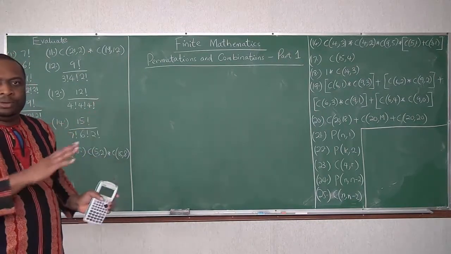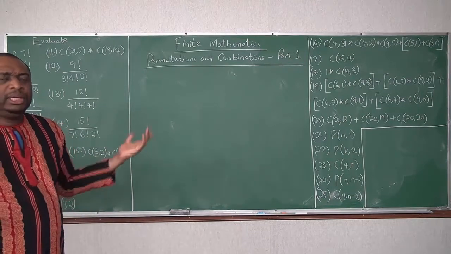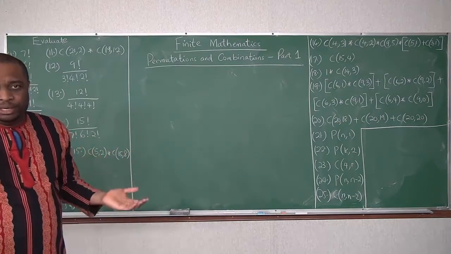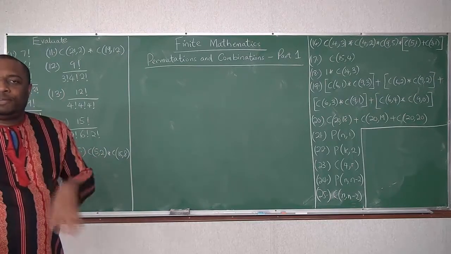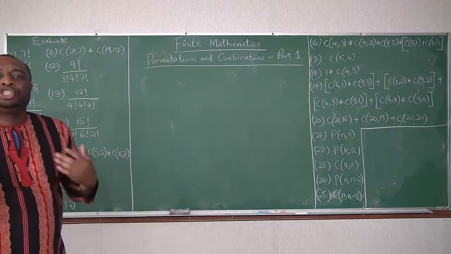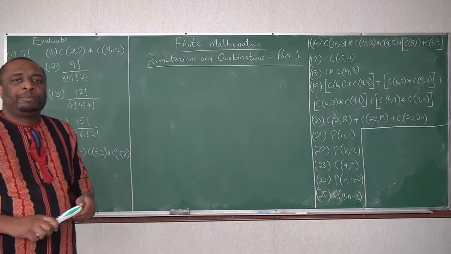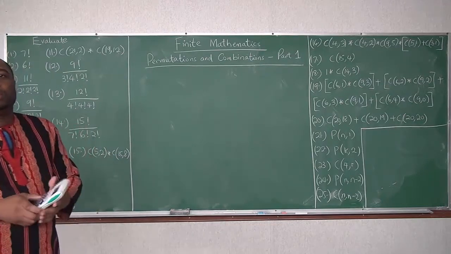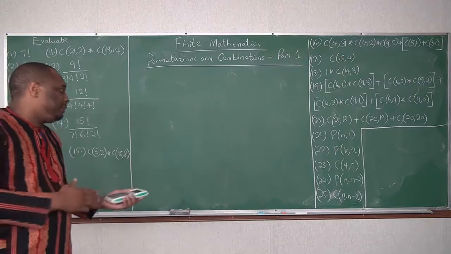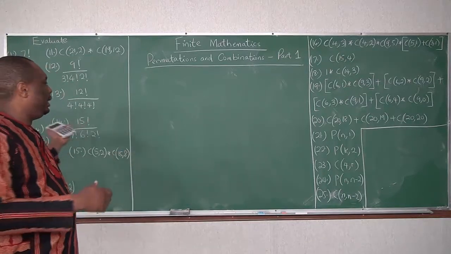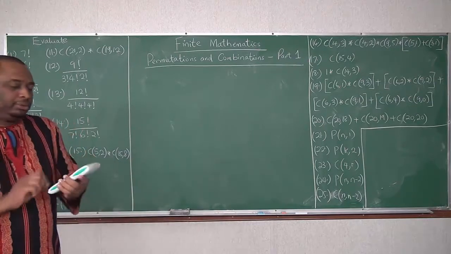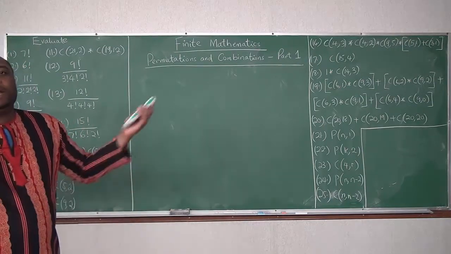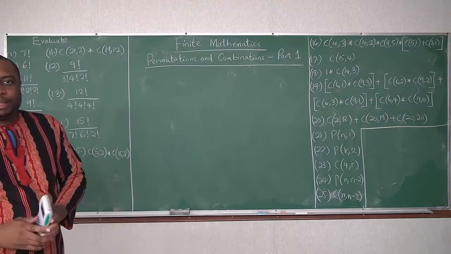I will show you how you can simplify it if you're just using an ordinary calculator to solve it, or if your professor requires that you show your work. When your professor requires you to show your work, you cannot just come in and, like, if you want to do 3 permutation 2, put it in your calculator and then just write the answer.